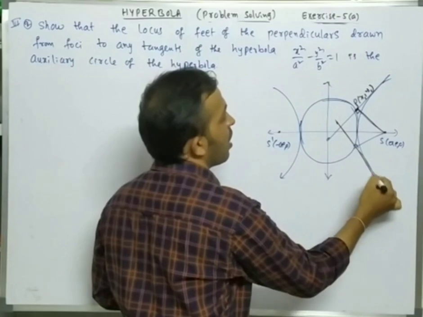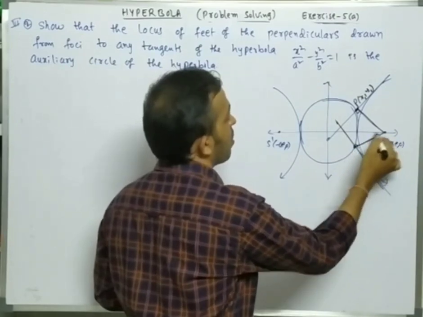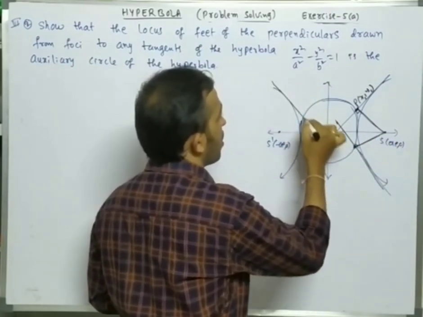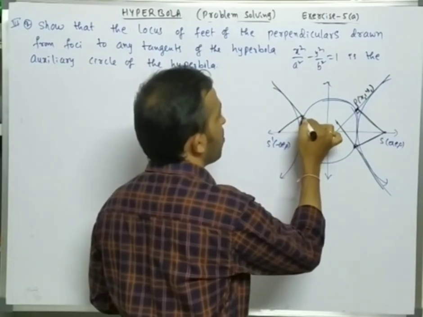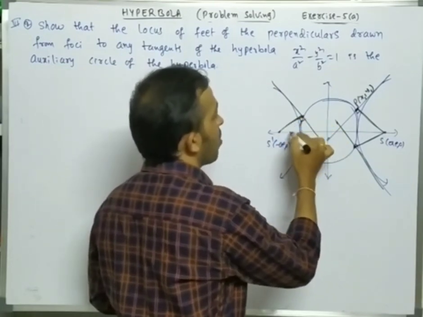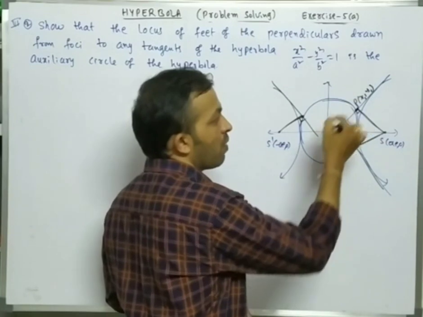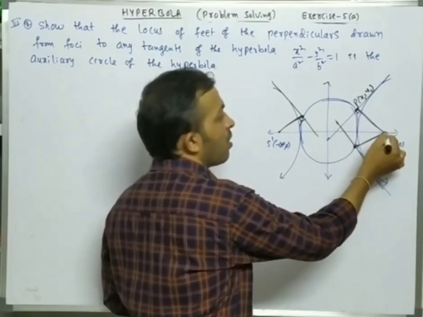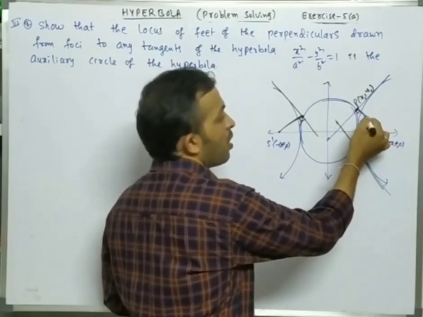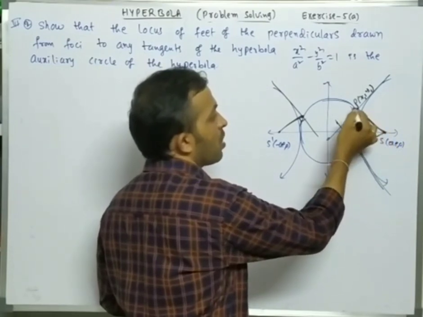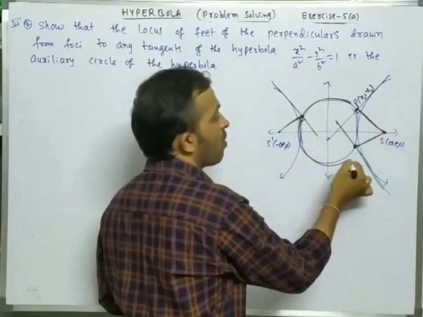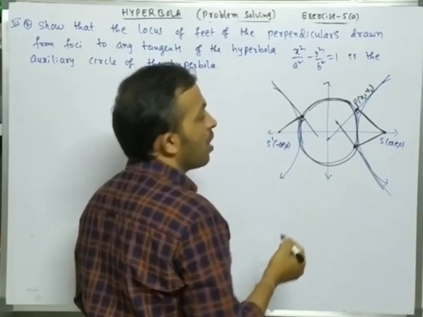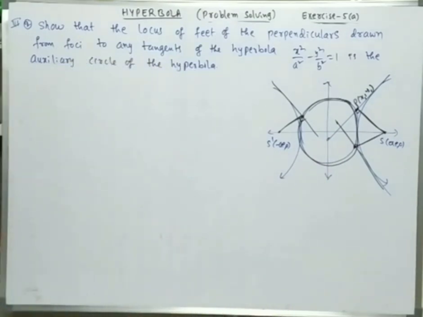So here this is the tangent, this is the perpendicular. Here also this is the tangent, this may be perpendicular, it meets here. Okay, so like this we can draw infinitely many tangents and draw perpendiculars from focus to these tangents. Then the locus of all these points becomes an auxiliary circle.